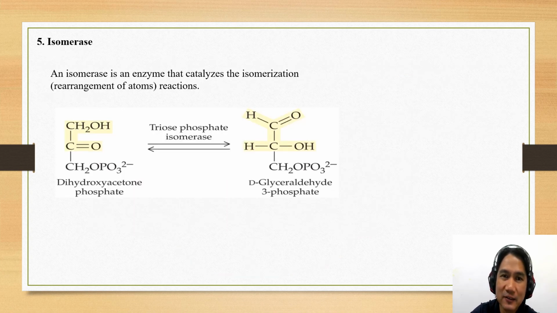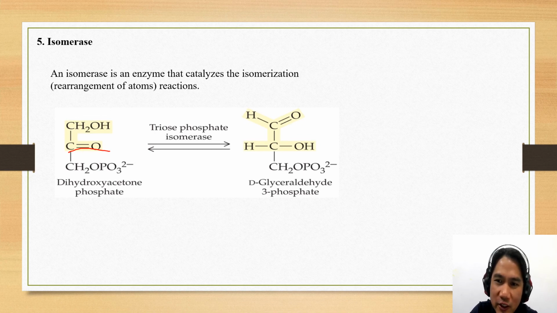The fifth class is isomerase. What do these enzymes do? Isomerases are enzymes that catalyze isomerization, which is simply the rearrangement of atoms. For example, you have a ketone, dihydroxyacetone phosphate.